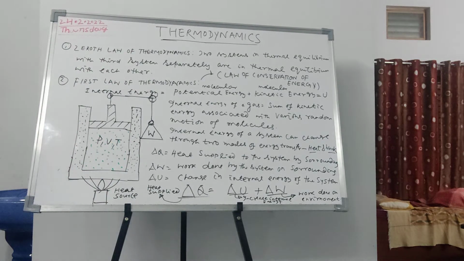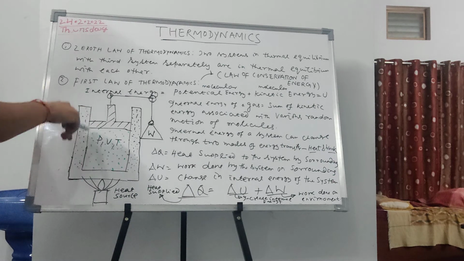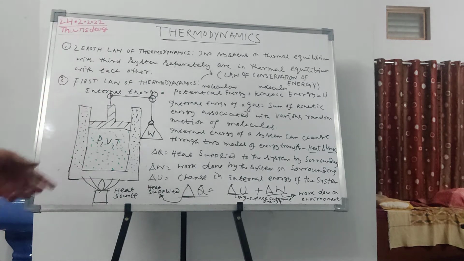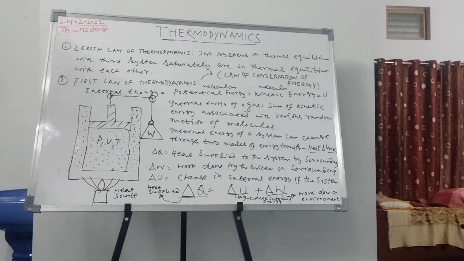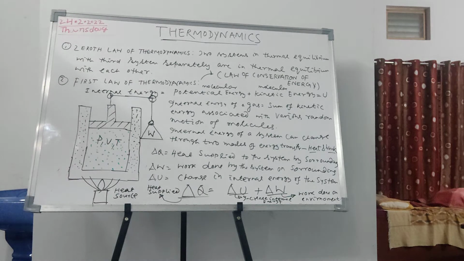If this is the condition and you are supplying some heat, there are chances that the gas inside will try to expand. When the gas is trying to expand, the system will try to do some work on the surroundings.